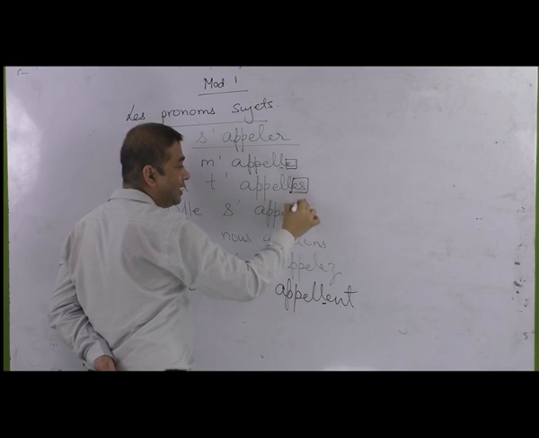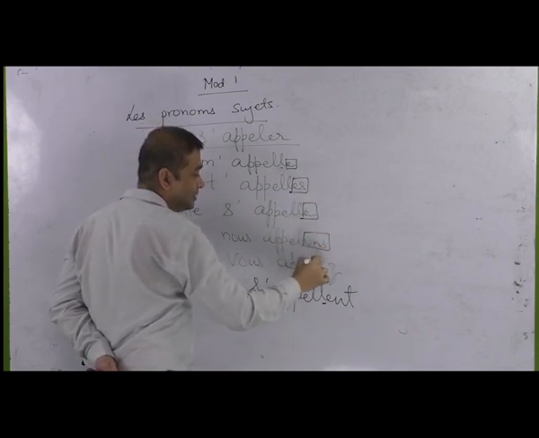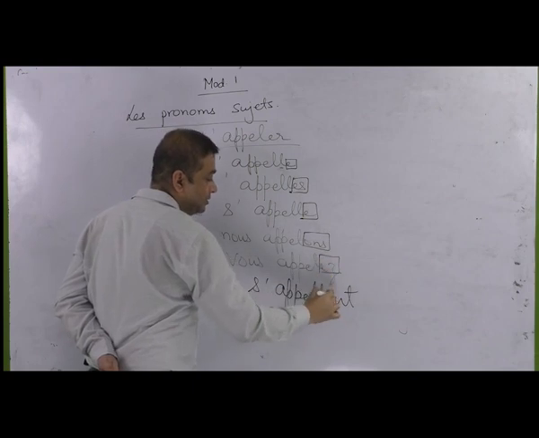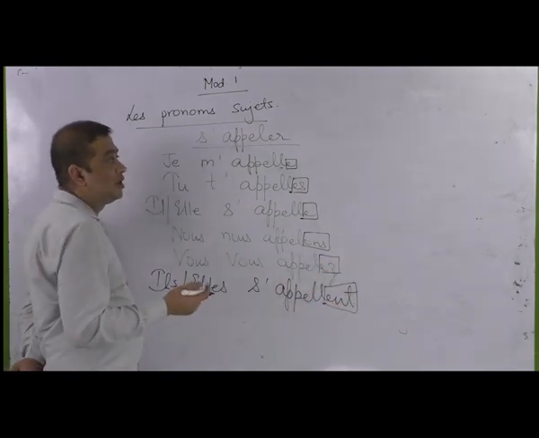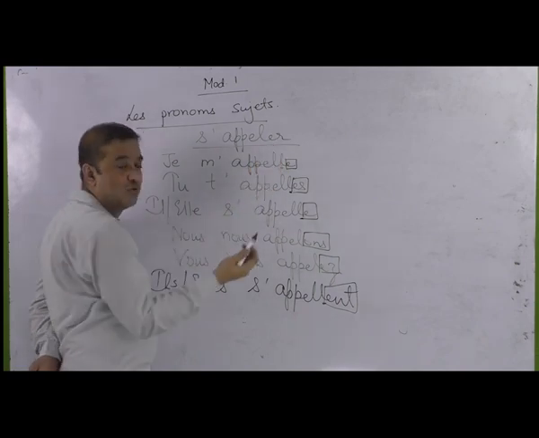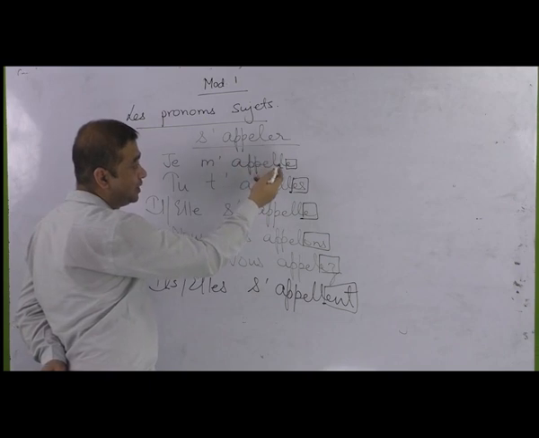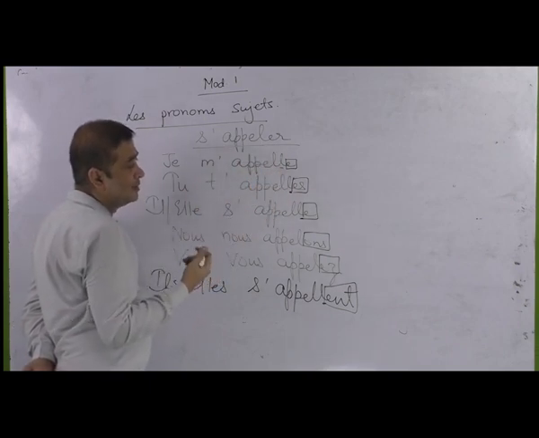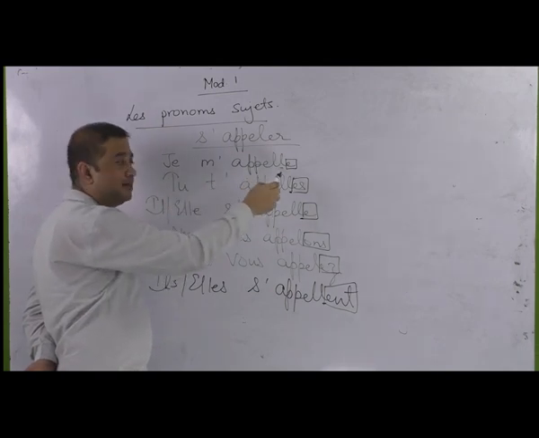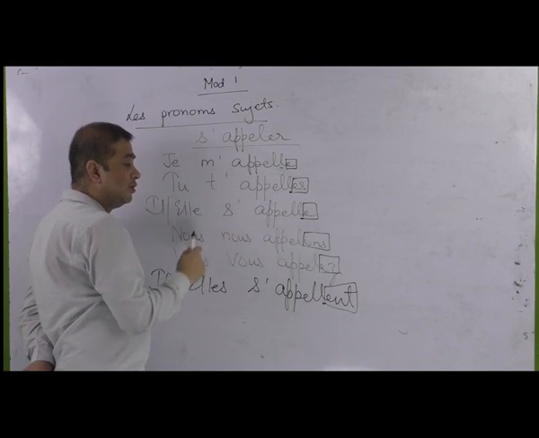You have to simply add the endings E, ES, E, ONS, EZ, ENT. And you can easily conjugate any ER ending first group verb. But s'appeler is one of the exceptions in which we are putting double L because in the pronunciation that will not sound correct. So it is je m'appelle, that's why double L, tu t'appelles, il s'appelle, nous nous appelons.